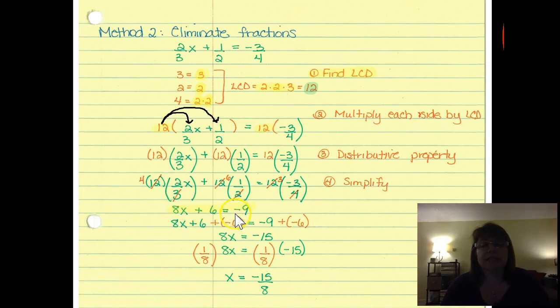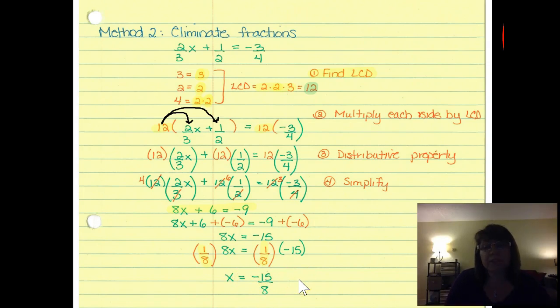8x plus 6 equals negative 9. First thing I'm going to do is move all constants to one side and the x's to another side. So subtract 6, 8x equals negative 15. Using the multiplication property of equality, I'm going to multiply by the reciprocal of 8 to both sides, and therefore x equals negative 15/8.